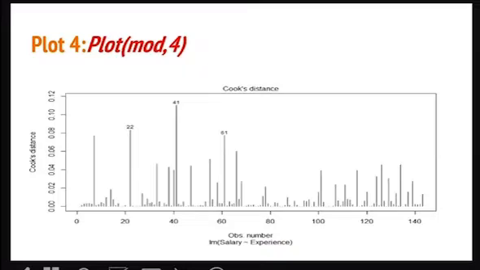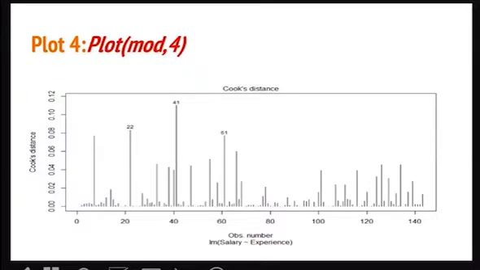Now, plot number 4 is necessary. When you do plot(MOD, 4), where MOD is what you used to name your model, then plot number 4 will return Cook's distance.